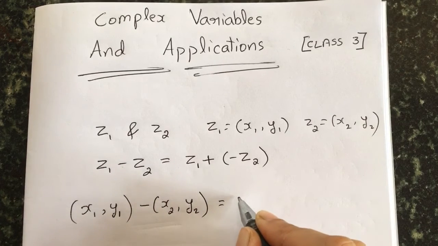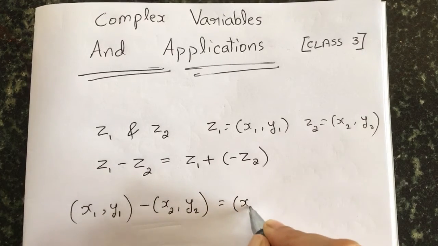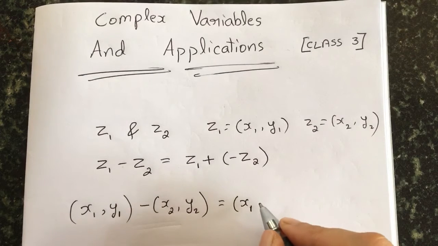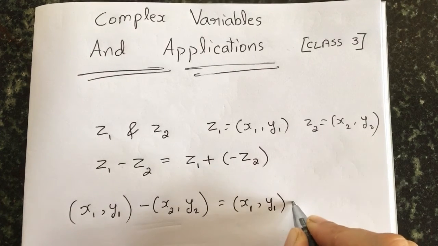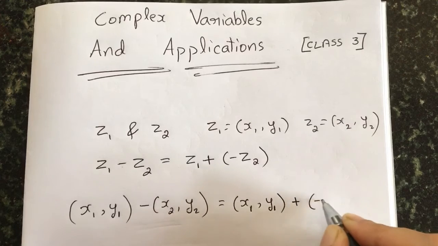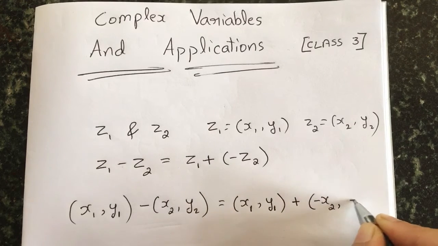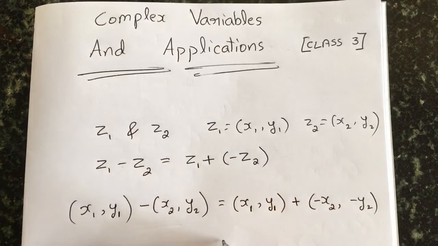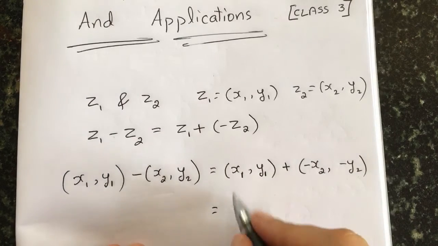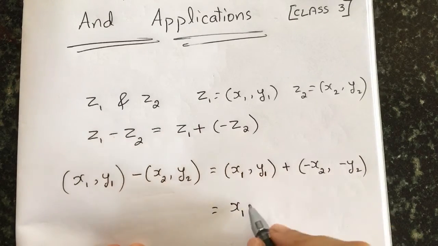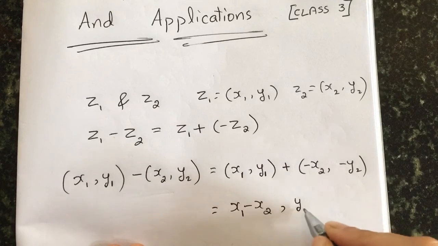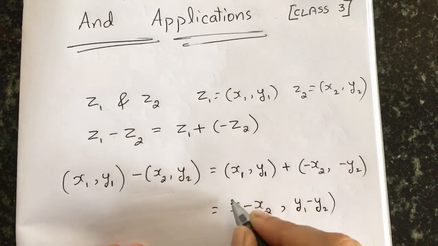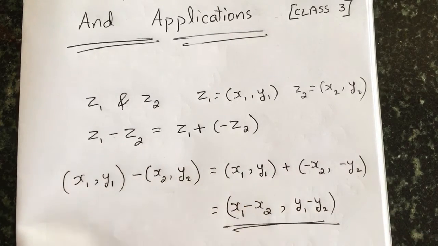It's the same as writing x1 comma y1 plus minus of x2 comma minus of y2. This is the same as writing x1 minus x2, the real part, comma y1 minus y2. Okay, this is in terms of an ordered pair.